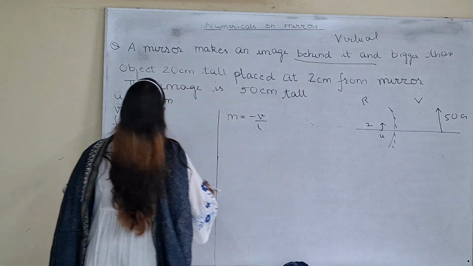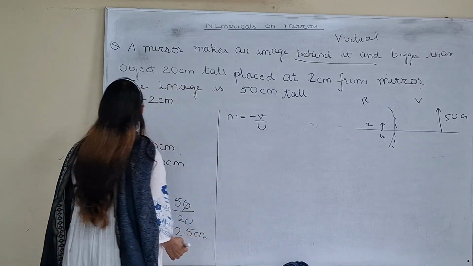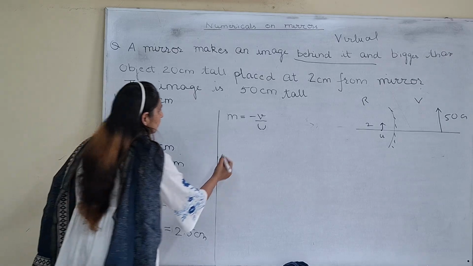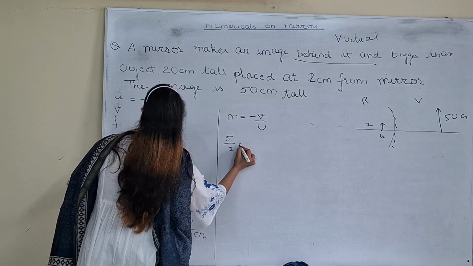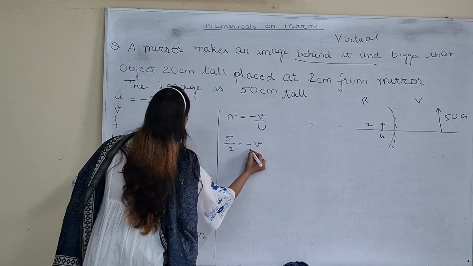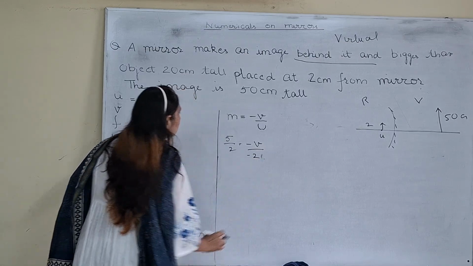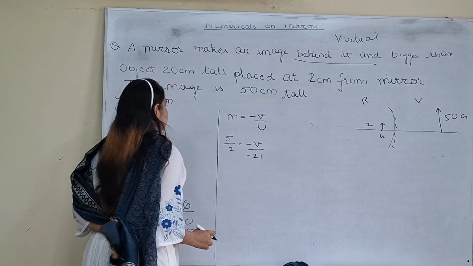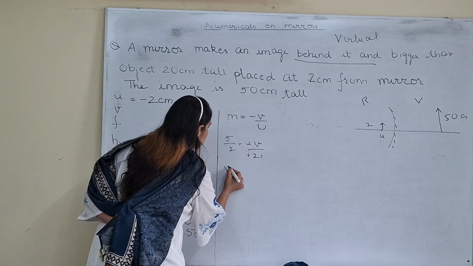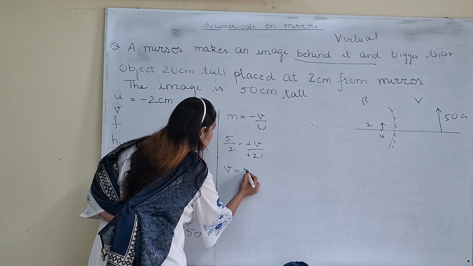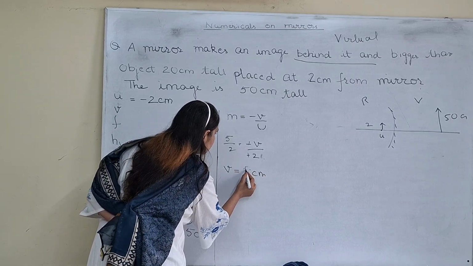Minus v by u. We don't know the image distance, so we'll put in the values. 5/2 is equal to minus v, and u is minus 2 centimeter. Okay, so we'll just quickly solve this. So v becomes 5 centimeter. Now v plus 5 centimeter, is it possible?